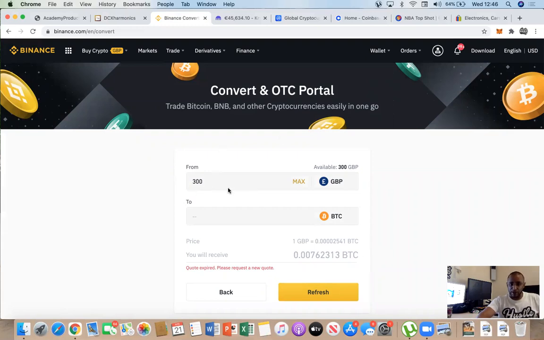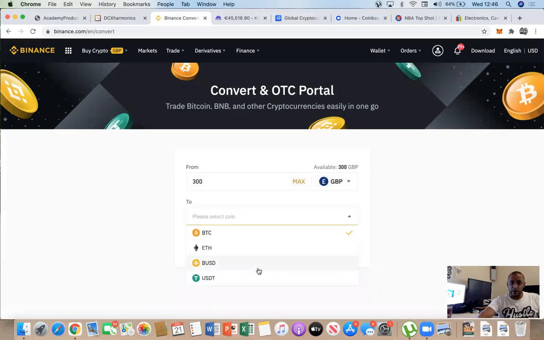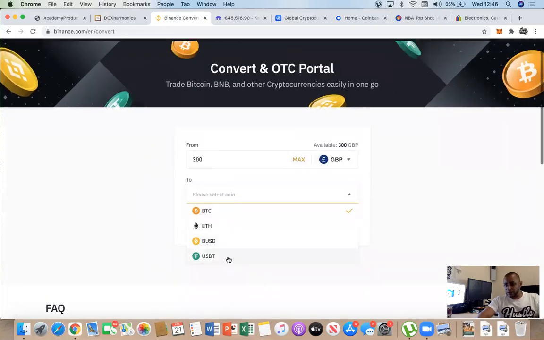So my £300 would be the equivalent of that much of a Bitcoin. Again, guys, if you wanted to buy Ethereum, USDT or BUSDT, you'd come here and you'd convert it. So that would be the easiest way.